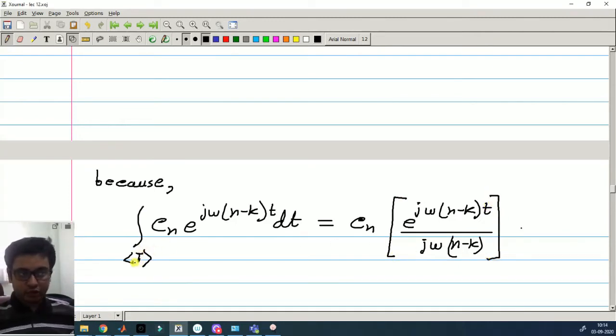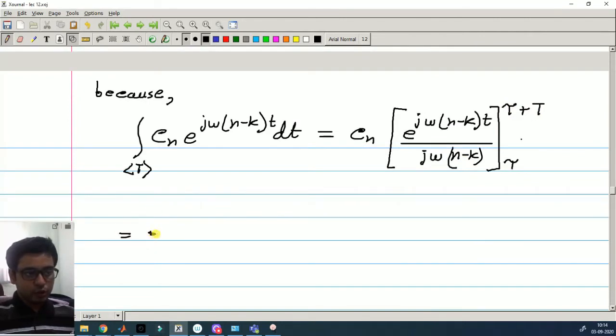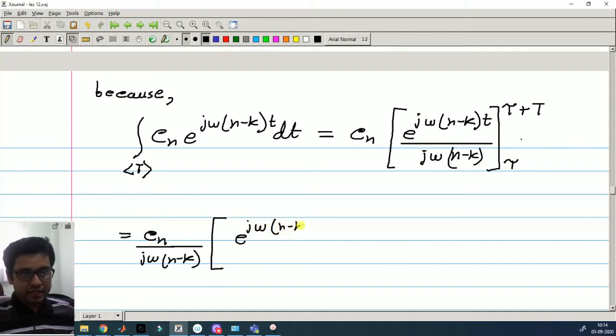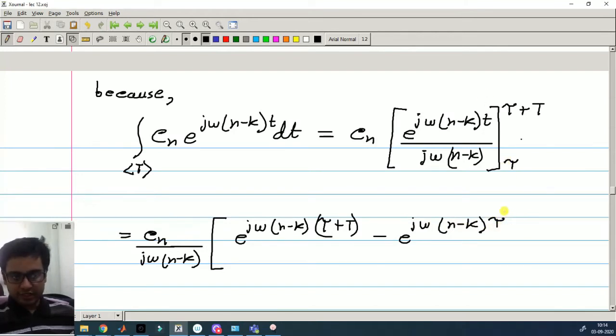so the integration is over a complete cycle, so we may put arbitrary limits like tau to tau plus capital T, and then this is equal to Cn, the denominator is a constant j omega (n minus k), the numerator will be e to the power j omega (n minus k), in place of t put tau plus T, minus e to the power j omega (n minus k), in place of t put tau.